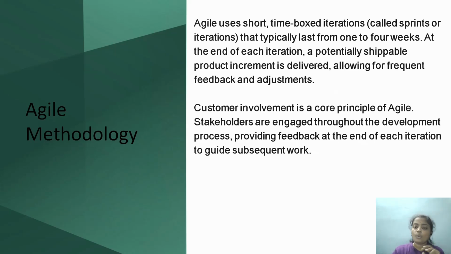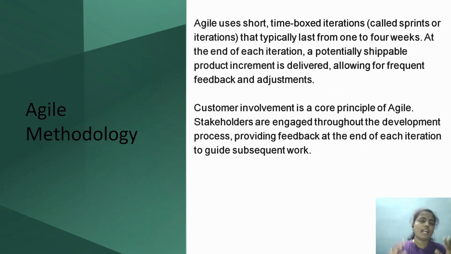Stakeholders are engaged throughout the development process, providing feedback at the end of each iteration to guide subsequent work. That's the sprint review. So we are using the incremental model in a way that we have different increments, and at the end of every increment we have a product increment delivered, but we have a time-boxed period that is called a sprint.